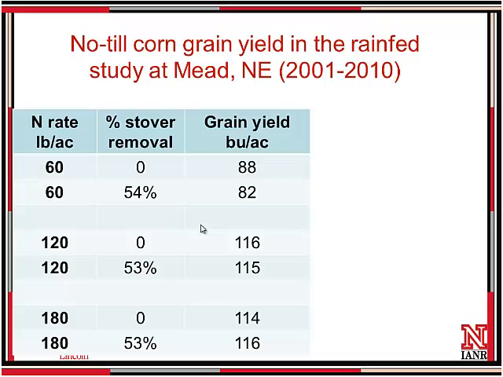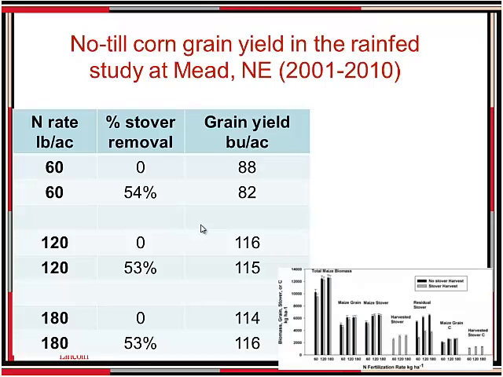So it could be that. Here, however, we do not see any effect of stover removal on the yield, these dryland yields. Or here also with the higher N rate, actually, there it's starting to give us a bit of a yield increase. So that's from that dryland rain-fed situation, relatively low yielding situation.